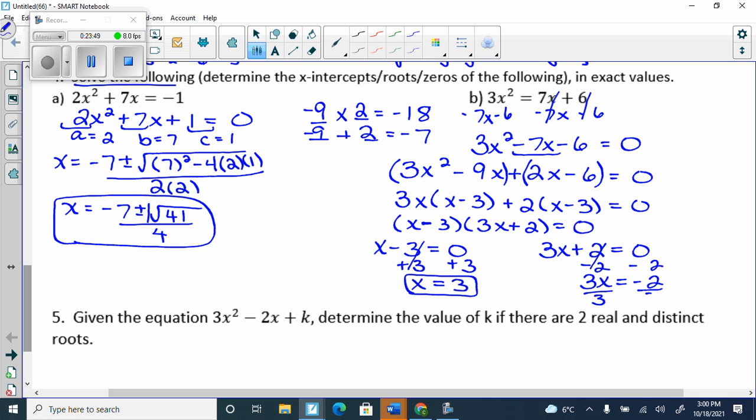Divide by 3. X equals negative 2/3. If I ask you to solve, that's it. You give me x equals those two things and you're done. If I ask you for x-intercepts, you have to do one more step. You'd have to put in a coordinate: (3, 0) and (-2/3, 0).